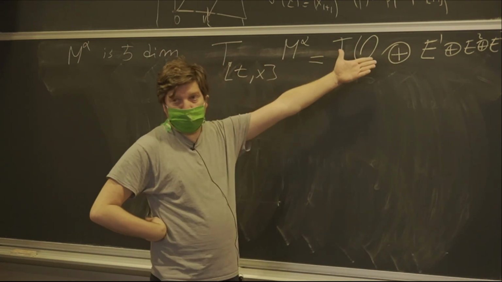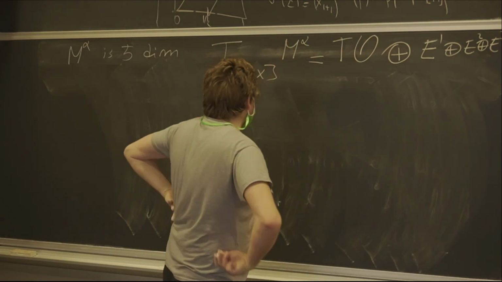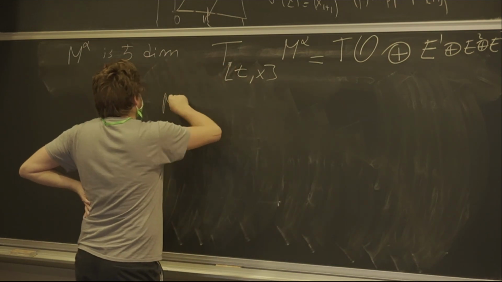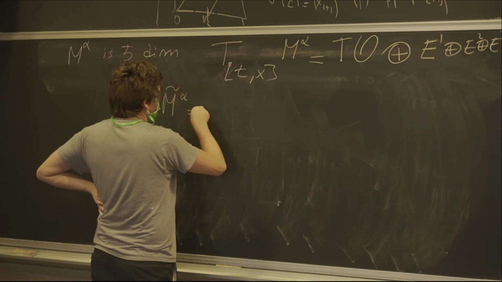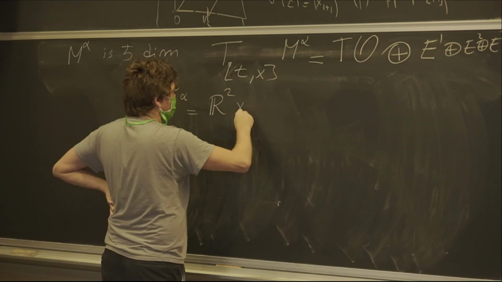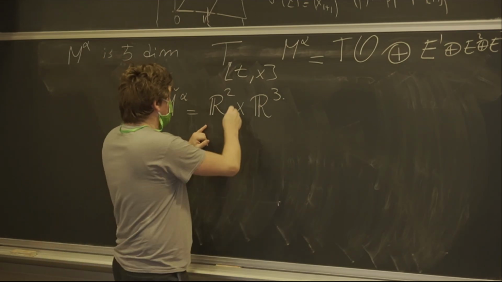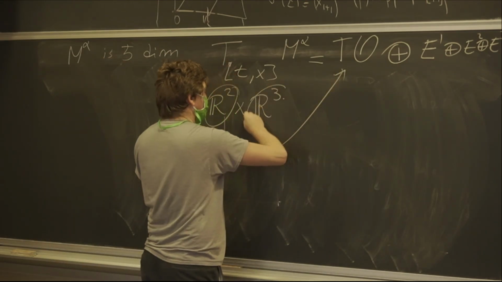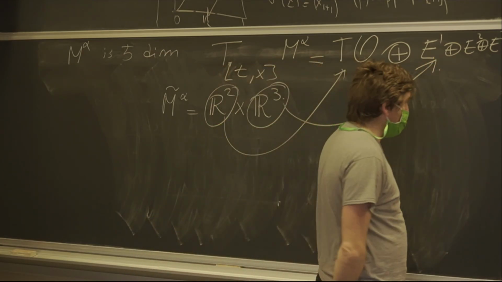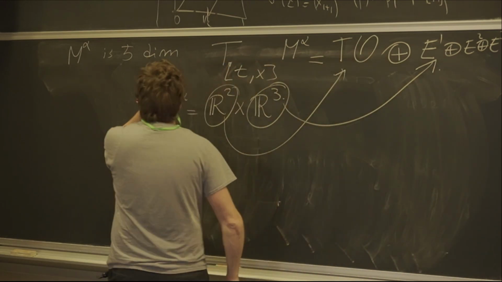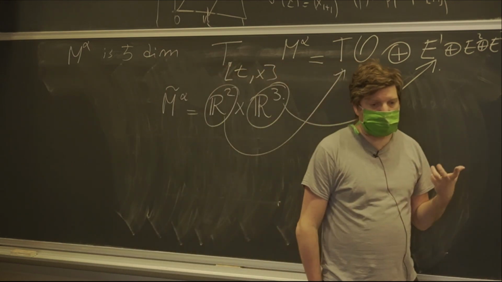This is inherited from the fact that the cover, in this case the universal cover, of M alpha is R2 times R3. So this goes to this, and that goes to that. So that's what happens at the tangent level.